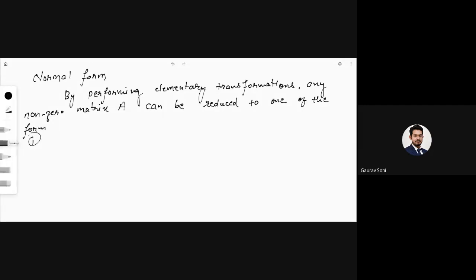The first one, simply it will turn out to be an identity matrix. This will happen only when the matrix A is a square matrix.